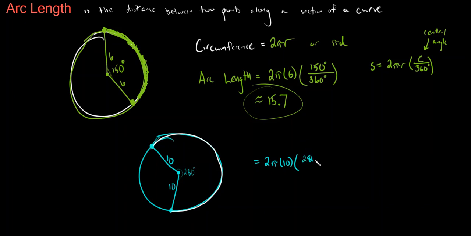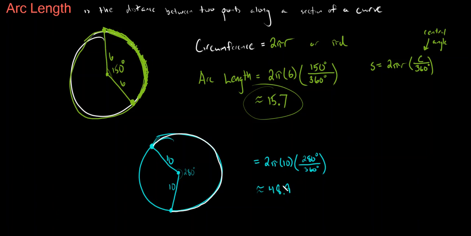I'm only going 280 of the 360 degrees. So the circumference of the circle would actually be 20 pi, which works out to roughly 62.8. But if I'm only traveling this portion of the circle, that would come out to about 48.9, and that is arc length.